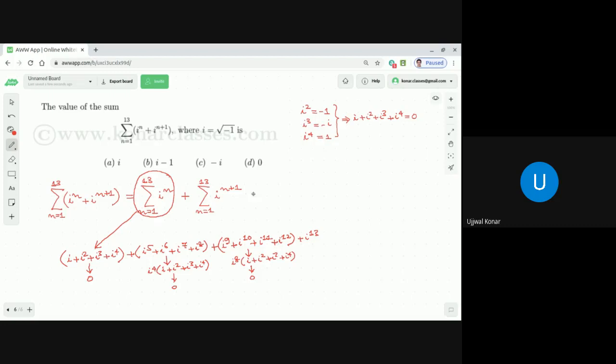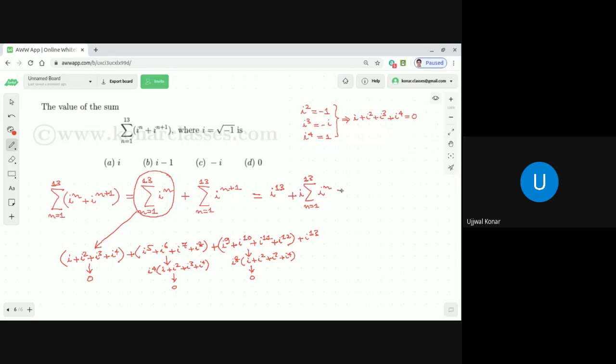Correct or not? So now what I can write here is i^13 plus sigma of i^n into i, n equal to 1 to 13. Now dear students, I can take that i outside. I can remove this i and bring it outside.